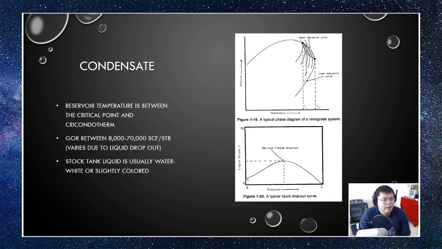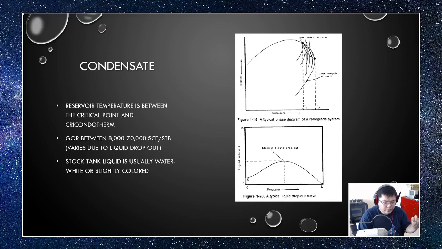And now, picture-wise, think of it like this. You see this curve right there, where it sort of swooshes between the critical point and the cricondotherm?